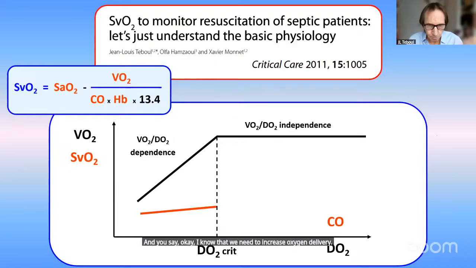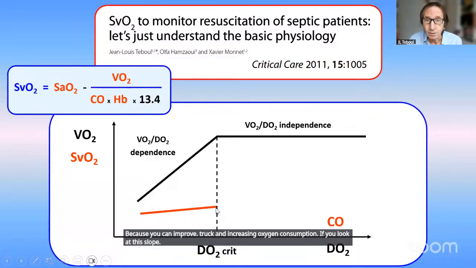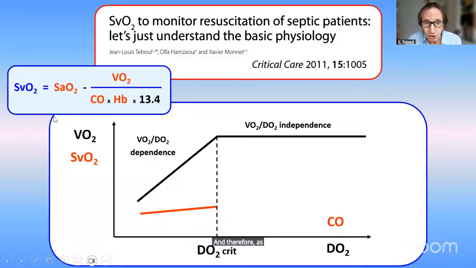The main way to increase oxygen delivery is to increase cardiac output. But you also increase oxygen consumption, because you can improve shock, if you look at this slope. Therefore, SVO2 will not change a lot, because you increase oxygen consumption and cardiac output at the same time. So you could have no change or little change in SVO2.